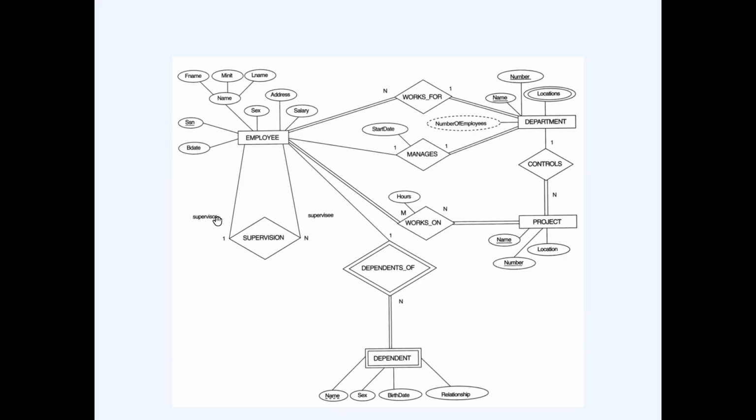So this is a supervisor side, this is a supervisee side. The supervisor can supervise many supervisees. But if you take one supervisee, they are supervised by just one employee. So this is a one-to-many relation. This is a very interesting one, just to understand recursive relationship types and also cardinalities and the role names.